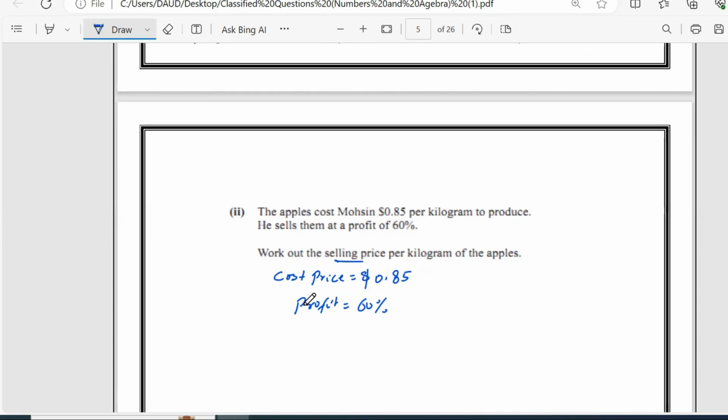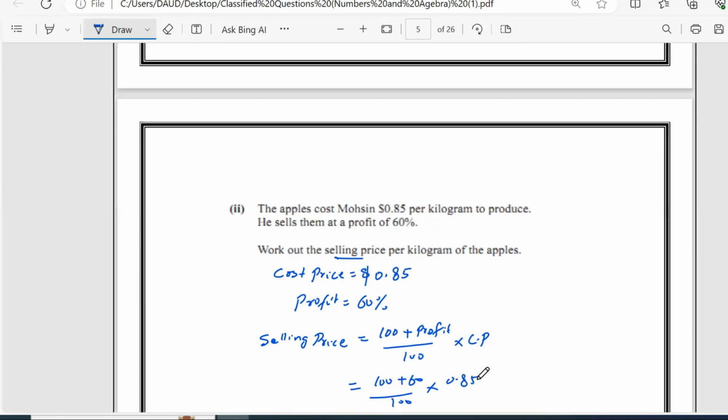So remember that I will use this formula. Selling price is equal to, since it is profit, I will add 100 plus profit over 100 multiplied by cost price, meaning 100 plus 60 over 100 multiplied by 0.85.